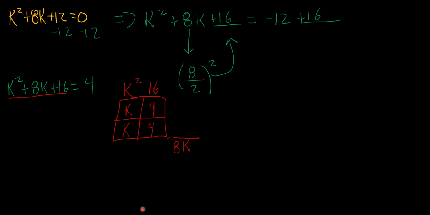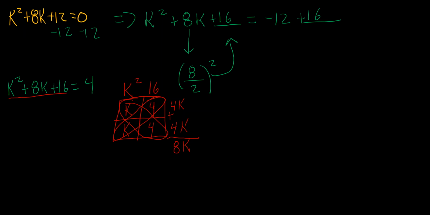Because when we multiply across, k times 4 is 4k, and we also have 4k here. 4k plus 4k gives us 8k. So that means it's going to factor to k plus 4 times k plus 4.